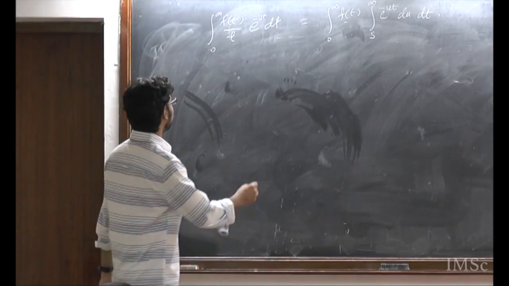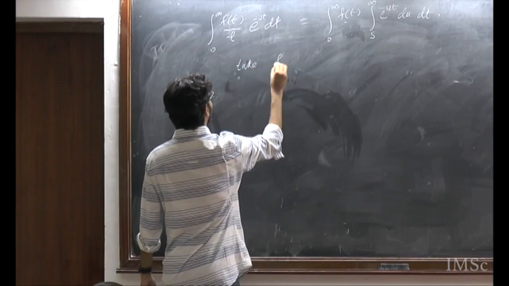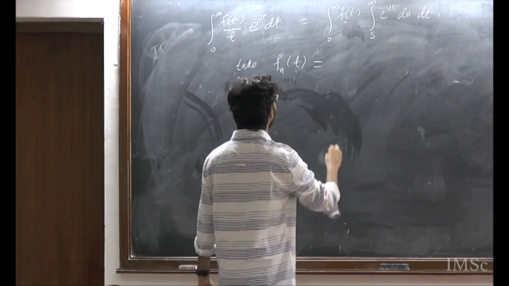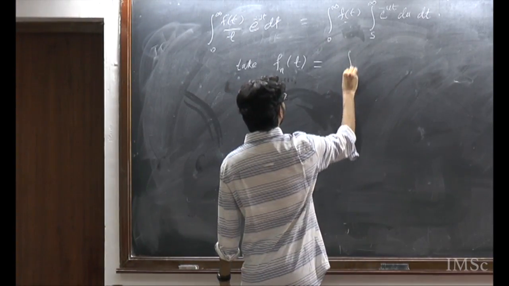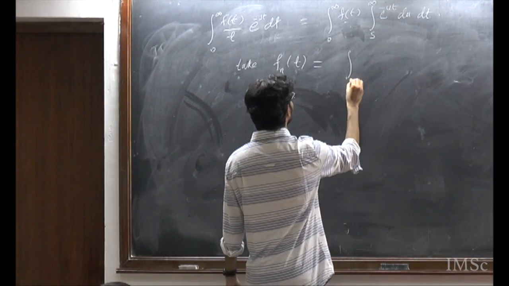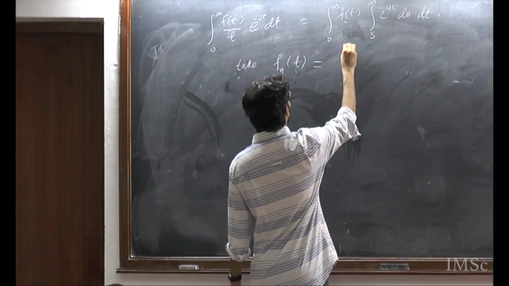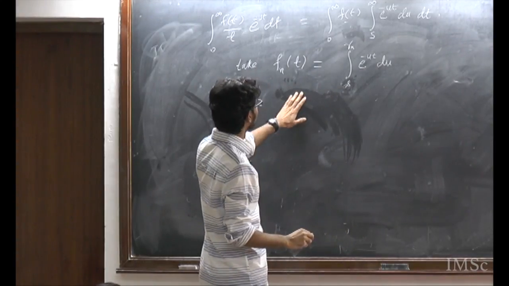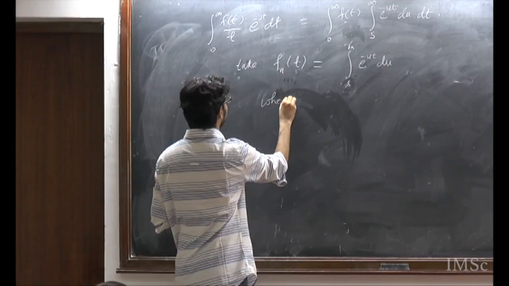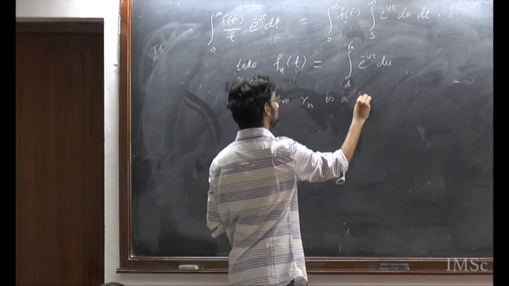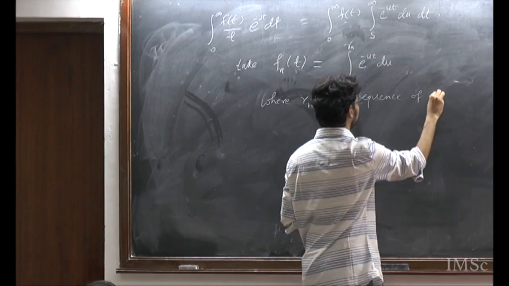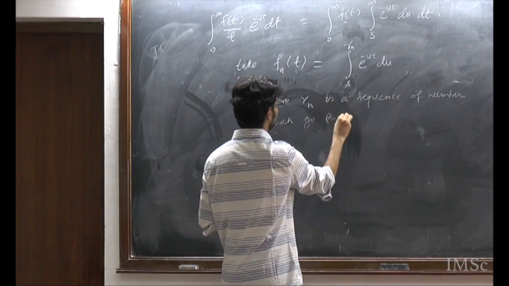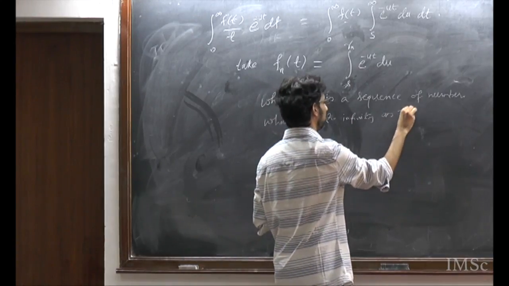So take F_n(t) to be the integral of s to R_n of e to the minus ut du, okay, where R_n is a sequence of numbers which go to infinity as n goes to infinity.